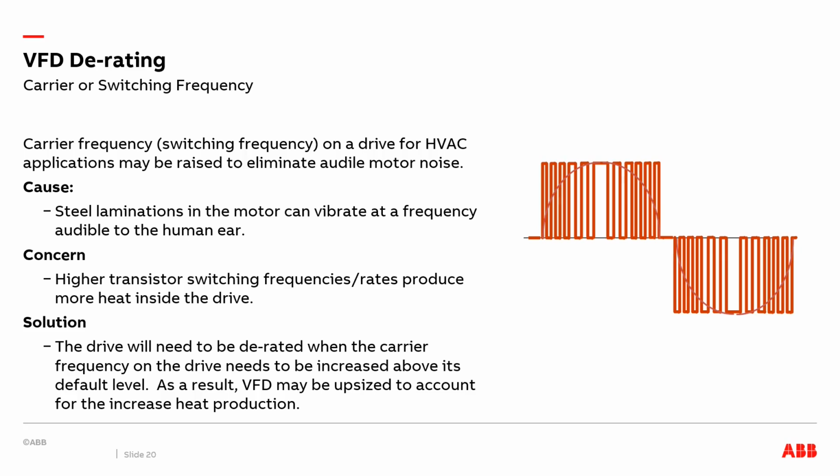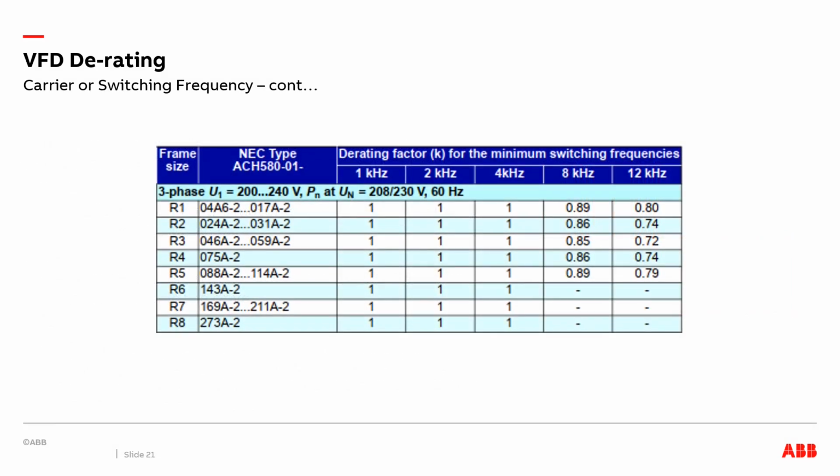We'll take a look at our next example here, and what we're going to look at is something right outside the hardware manual. So I pulled this chart out of the hardware manual for the ACH 580, and this is for a 240 volt drive.